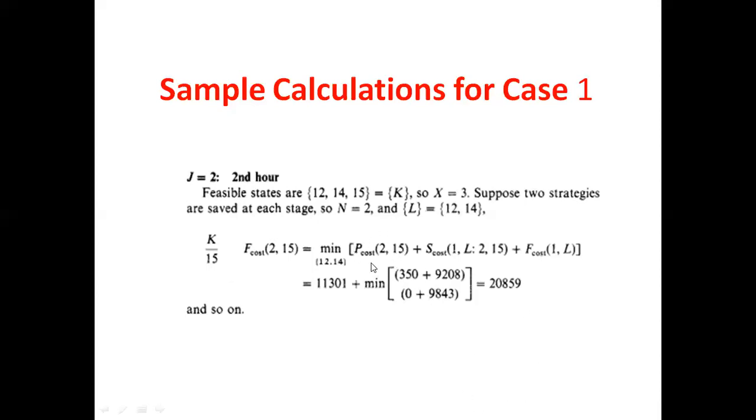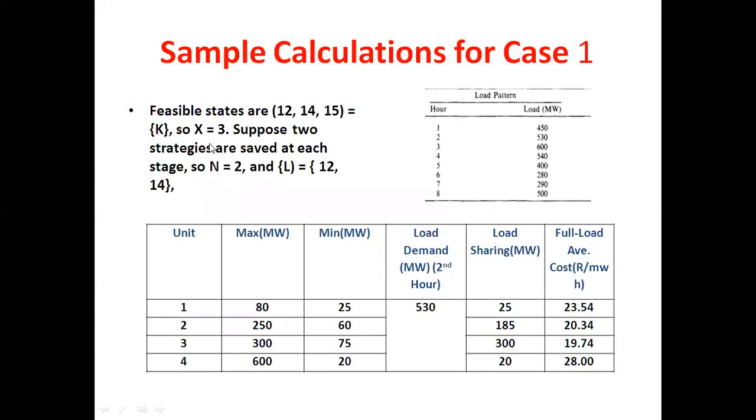So first we have to calculate the production cost. It is clear that the load demand is 530. For the load demand of 530, unit 4 will be at the minimum value, that is 20, because it has maximum full load average cost. Unit 3 has minimum full load average cost. Unit 2 will be 300.